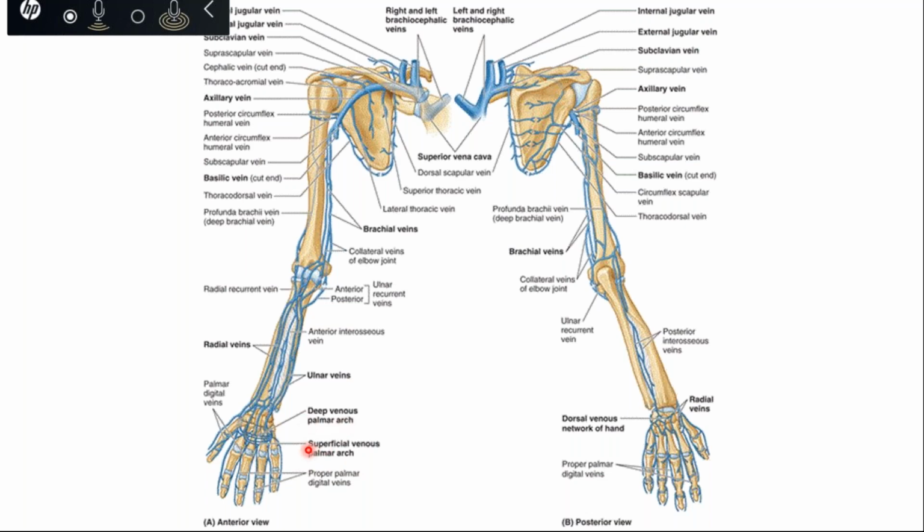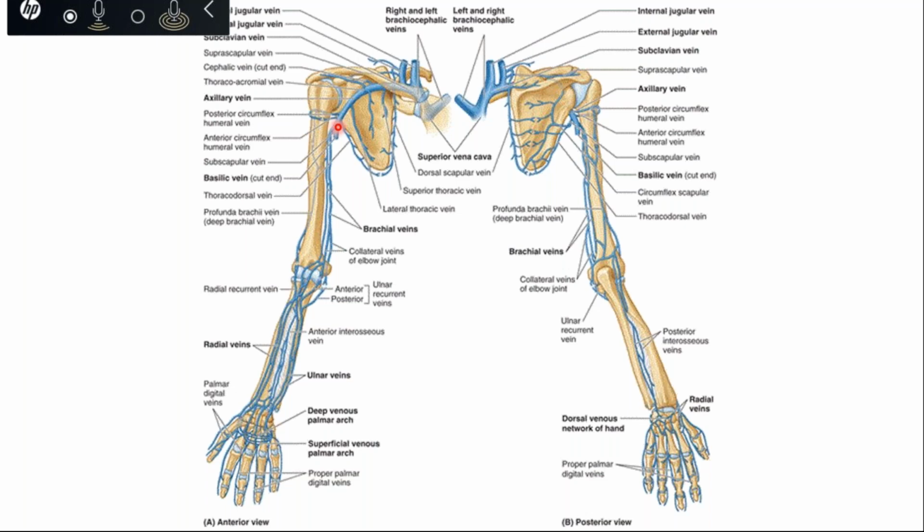These veins, the radial veins and ulnar veins, join together to form the brachial vein. This brachial vein is the one which joins the axillary vein near the lower border of the subscapularis.